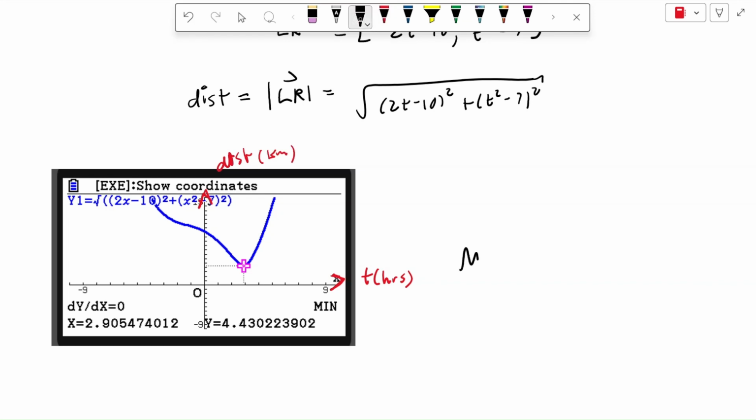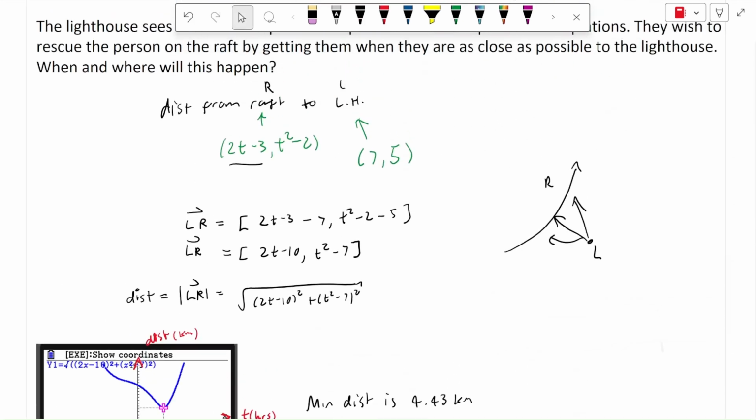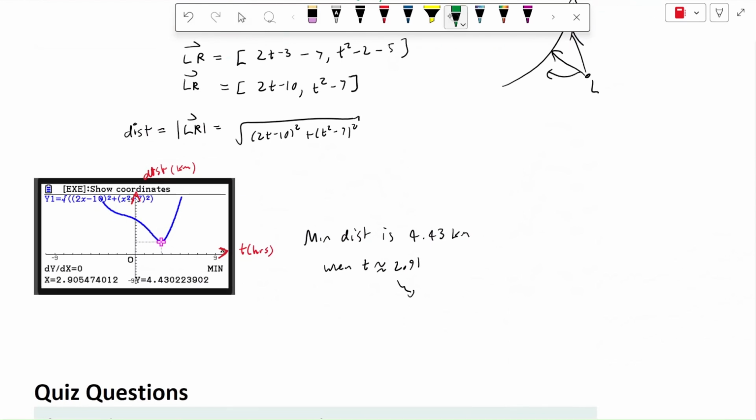And so the min distance is 4.43 kilometers when t roughly equals 2.91. Now, we should probably get where the raft actually is at that time as well. So it was 2t take 3 and t squared take 2.